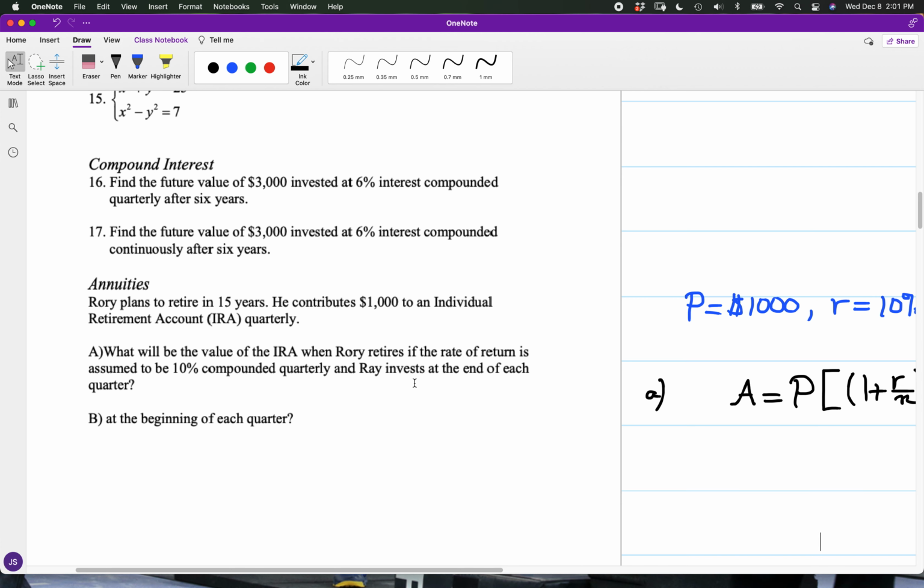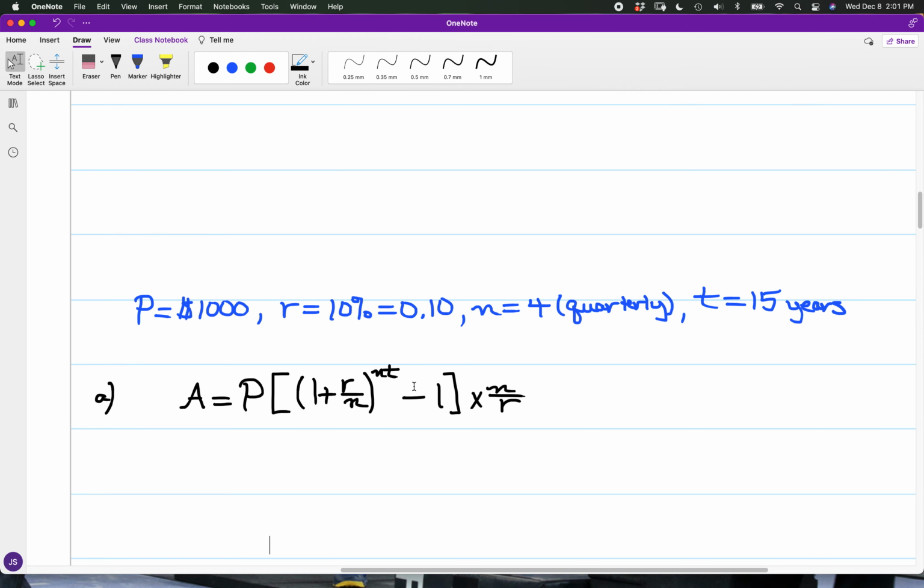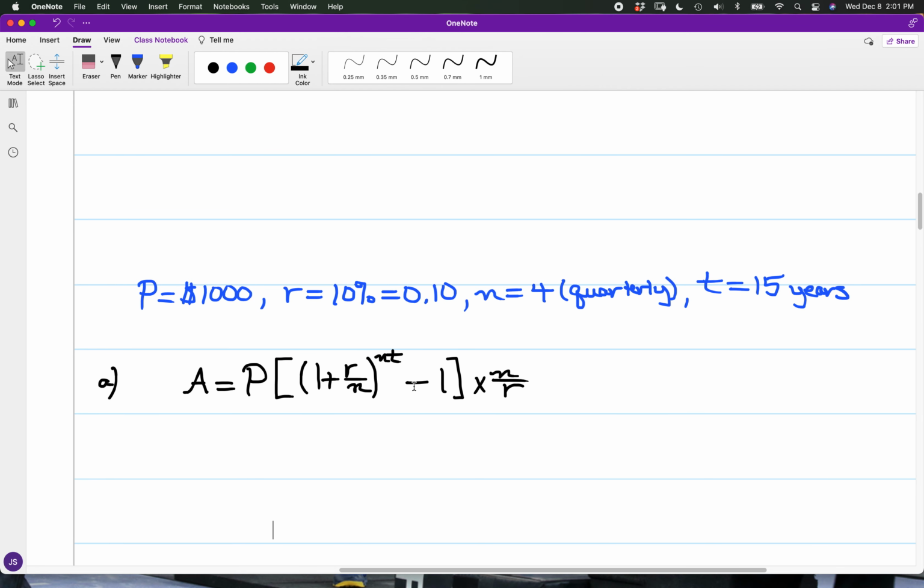In the case of annuities, for what is drawn out in the plan, we're looking at, again, a quarterly contribution of $1,000, and the rate of interest is 10%. In determining how much the future balance is going to be, especially where interest is compounding, again, we convert from percent to non-percent decimal.